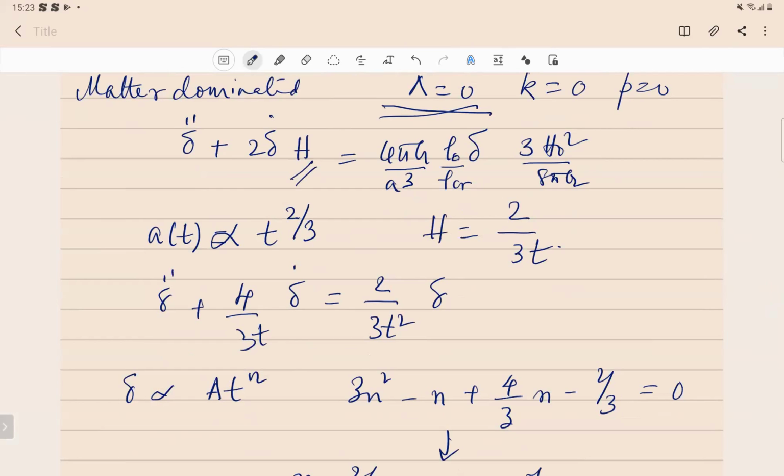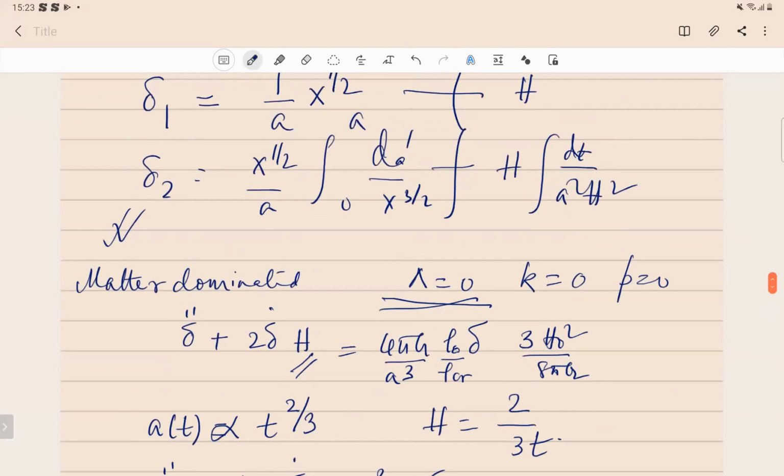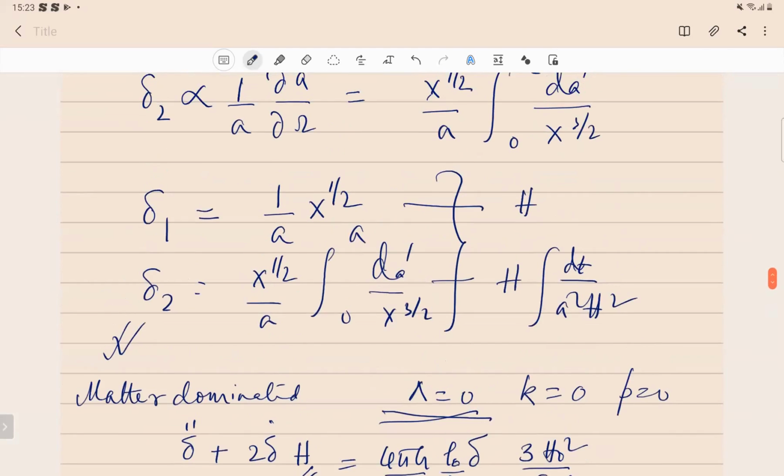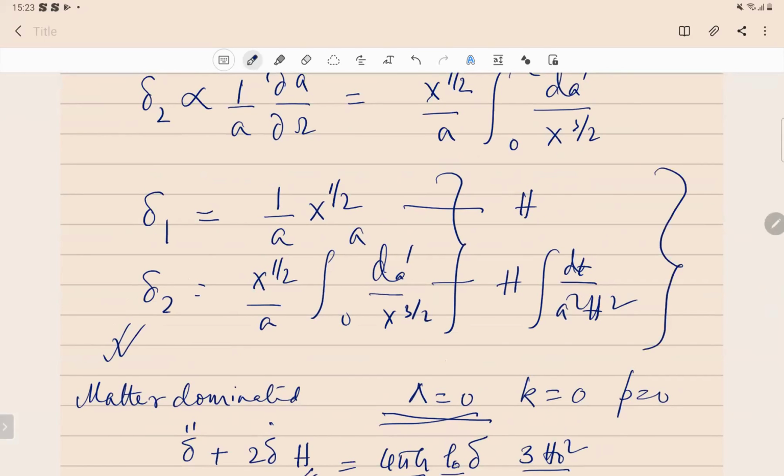When omega lambda is going to be subdominant. And this quadrature solution is going to work for a universe with matter and dark energy. You cannot have radiation, but it's going to be perfectly fine with omega lambda and omega matter.